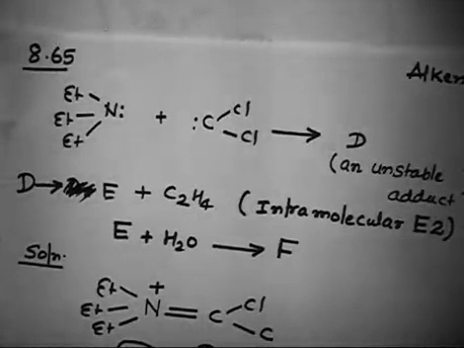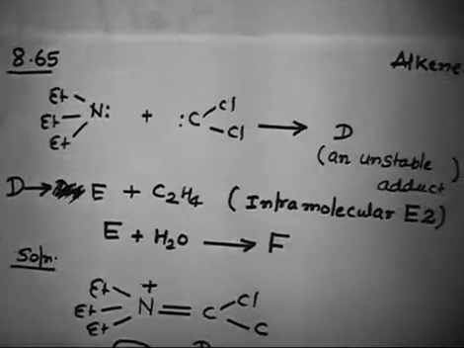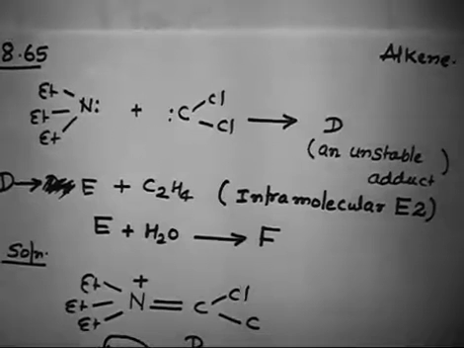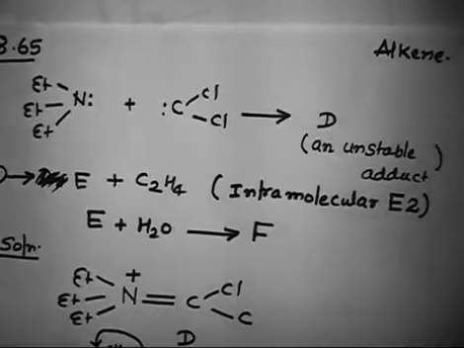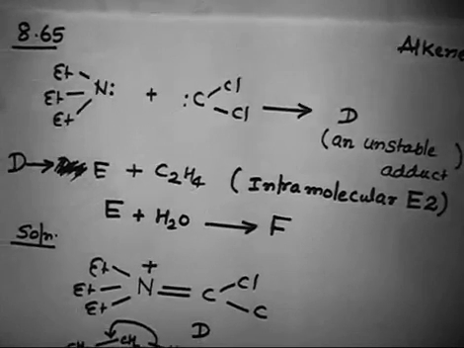So you have NEt3, triethylamine, and if it reacts with CCl2, that is a carbene, it forms an unstable adduct. There are two things attaching and it is forming D. And now D, because it is unstable, further forms E plus C2H4, and this is the intramolecular E2 reaction.